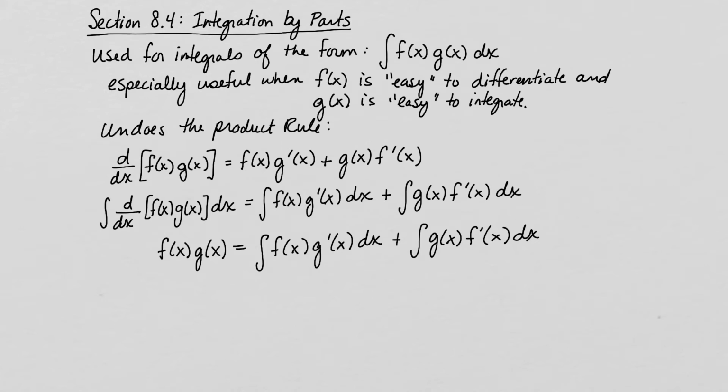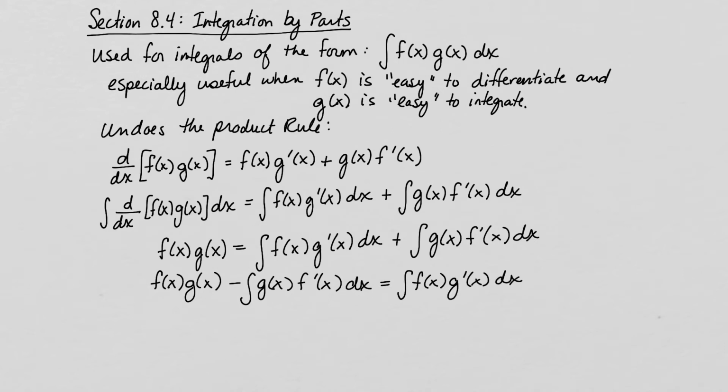I'm going to take this term here, and I'm going to move this term to the other side. So we're going to have f of x, g of x, minus this whole integral, the integral of g of x, f prime of x, dx, equals the integral of f of x, g prime of x, dx.